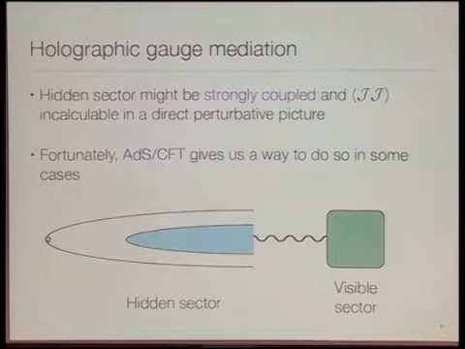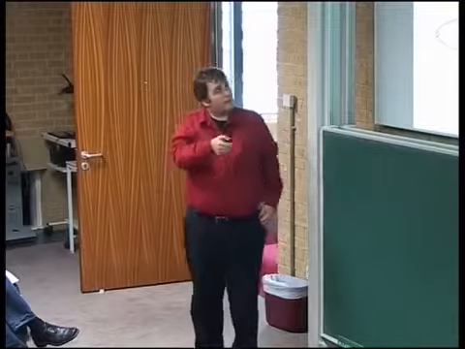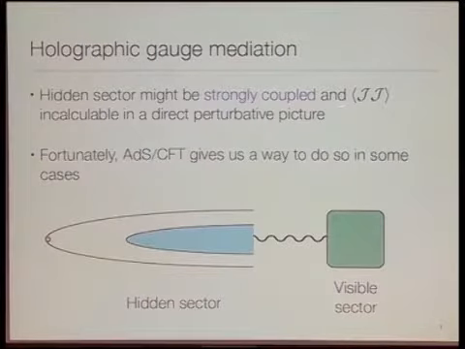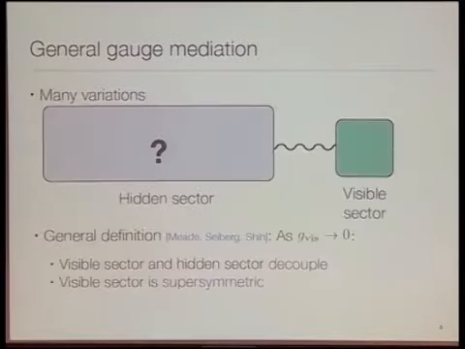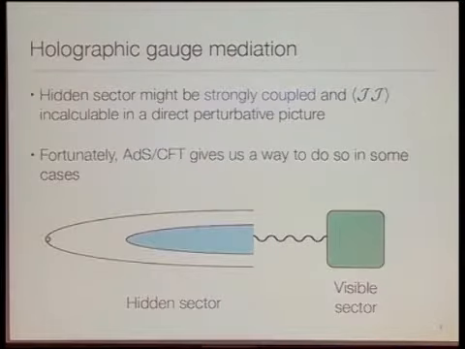So in general, the hidden sector might be strongly coupled, and I can't calculate these in any direct way. However, one of the things that AdS/CFT was essentially born to do was to calculate these 2-point functions. So AdS/CFT, or more generally gauge-gravity duality, gives us a way to calculate these. Basically what I'm doing is, instead of this picture, I'm going to replace this hidden block, this black box, with a warped throat.